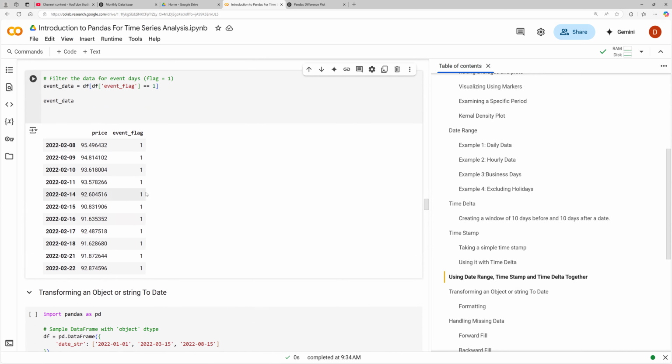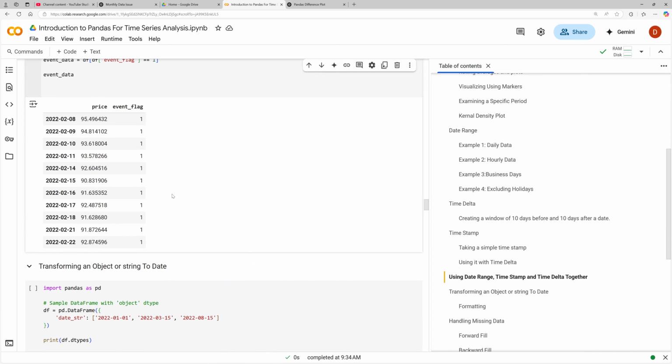Now you could use this for marketing studies as well, event analyses. Like, did a discount have a statistically significant effect on sales pre and post, right? These are things you could do in multiple domains, okay?